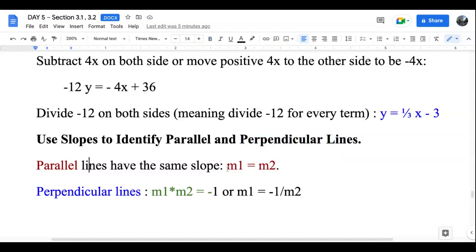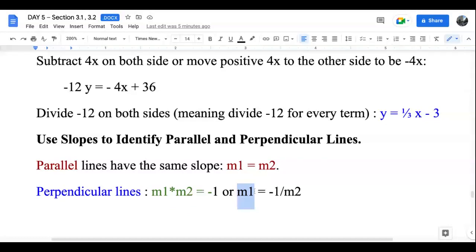Parallel lines have the same slope: the slope of the first line equals the slope of the second line. Perpendicular lines have this relationship: if we multiply the two slopes, we get negative 1.